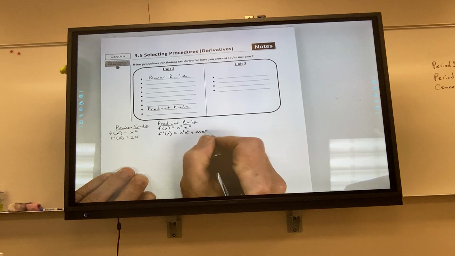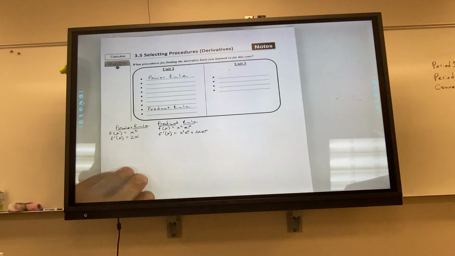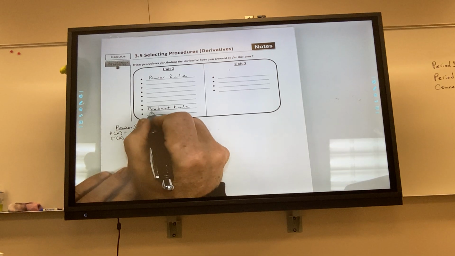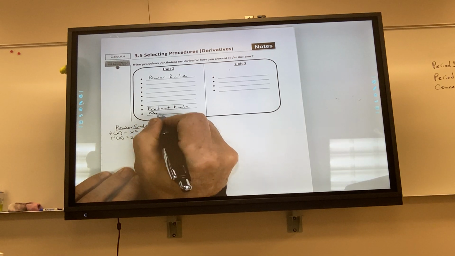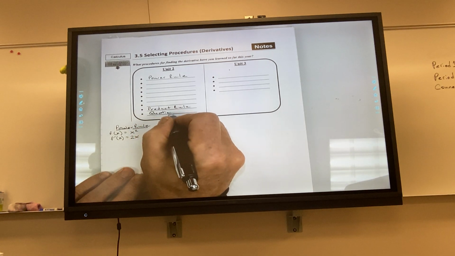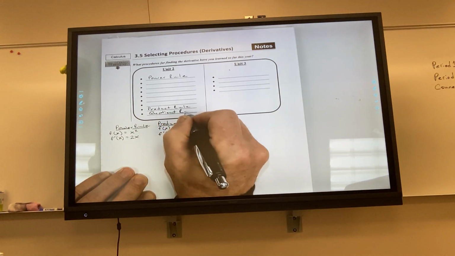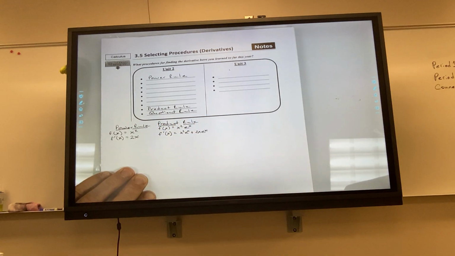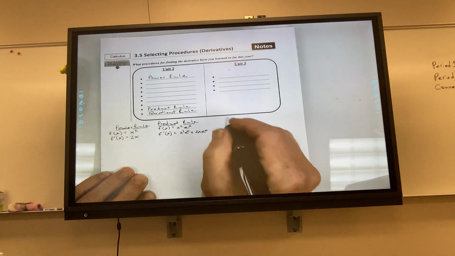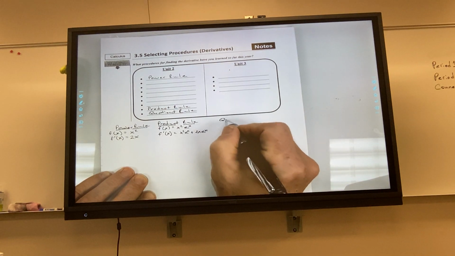Perfect, excellent. All right, Owen, quotient rule, and I'm gonna write that right here. And what did I pick as, oh, right here, quotient.